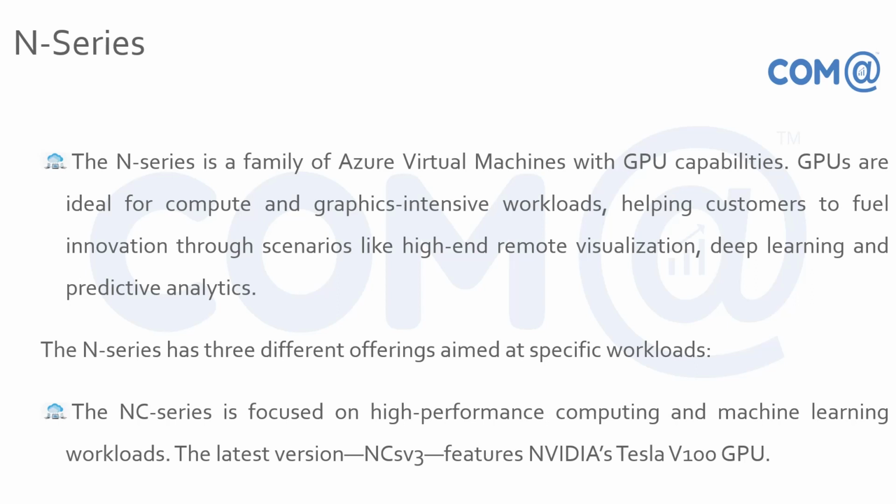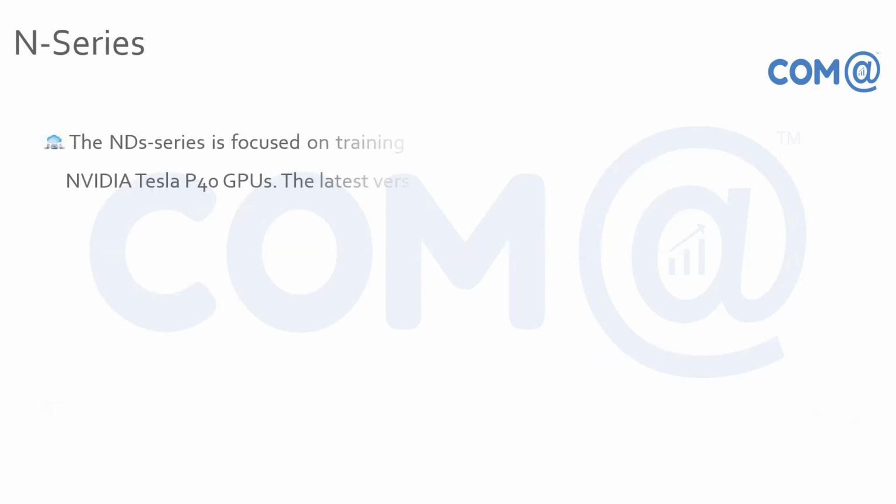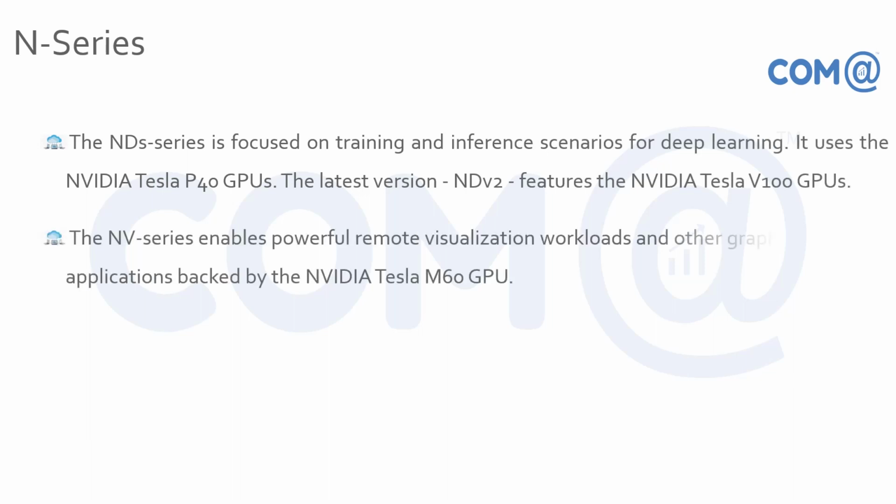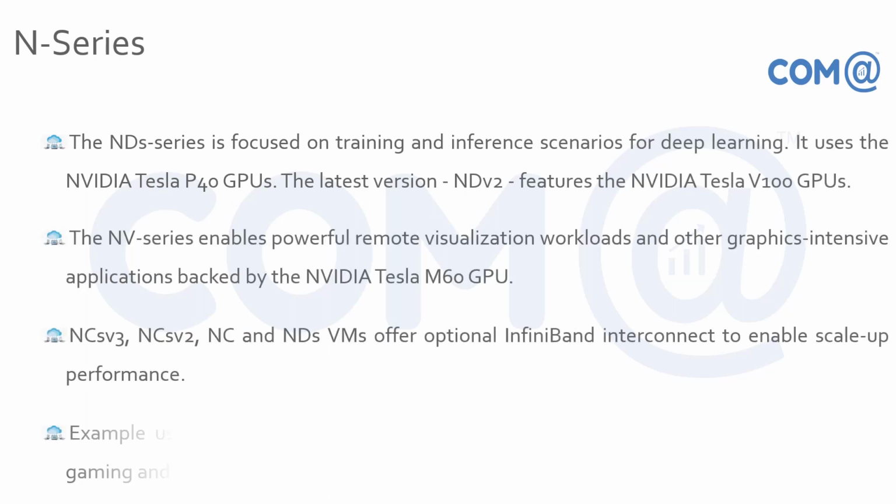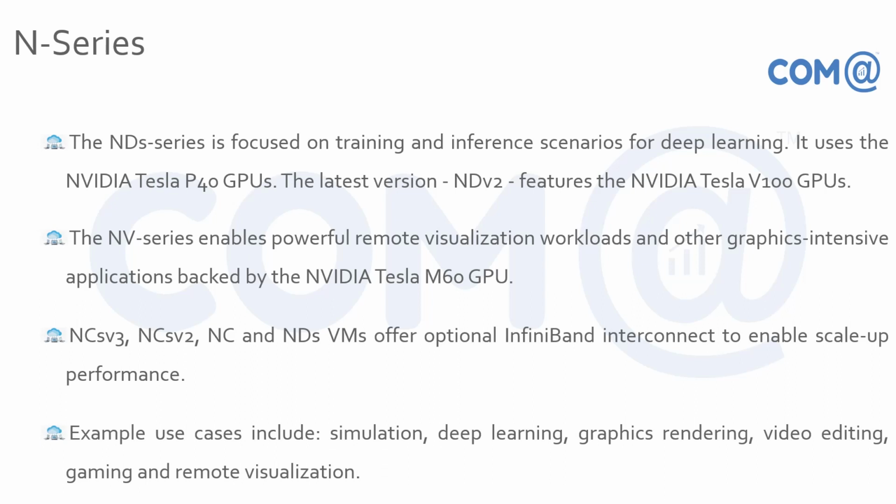The latest version, NCsv3, features the NVIDIA Tesla V100 GPU. The ND series is focused on training and inference scenarios for deep learning. It uses the NVIDIA Tesla P40 GPUs, and the latest version, NDv2, features the NVIDIA Tesla V100 GPUs.